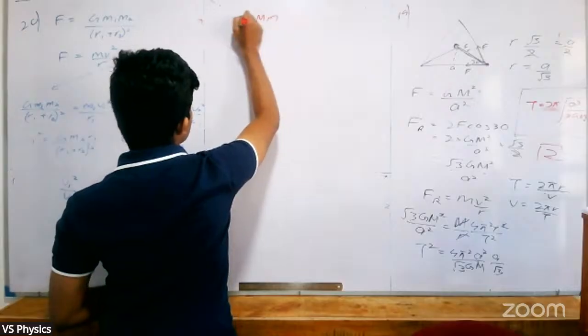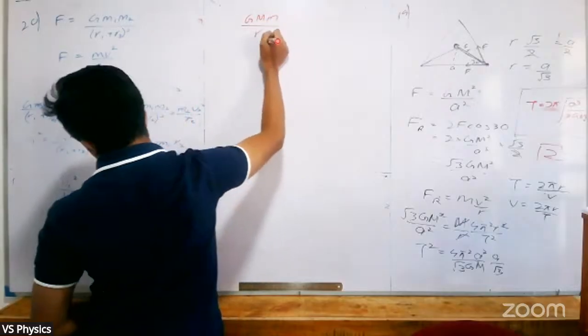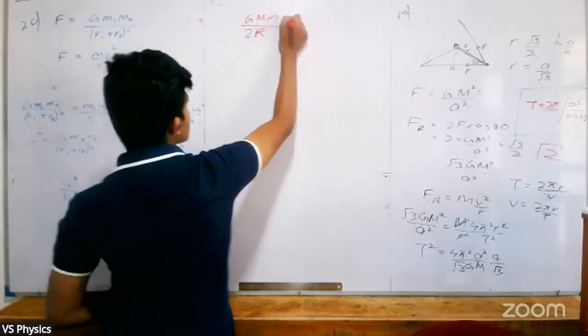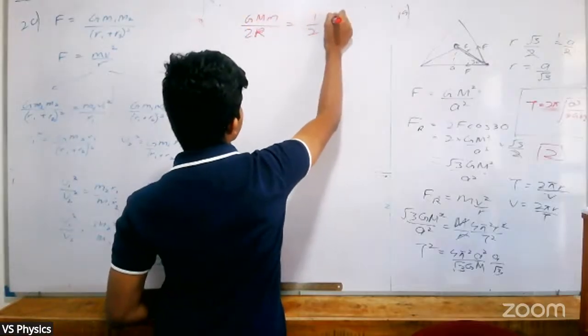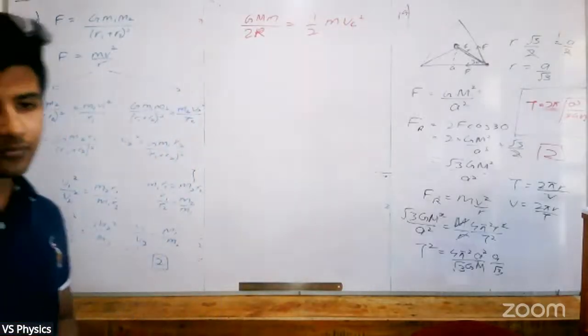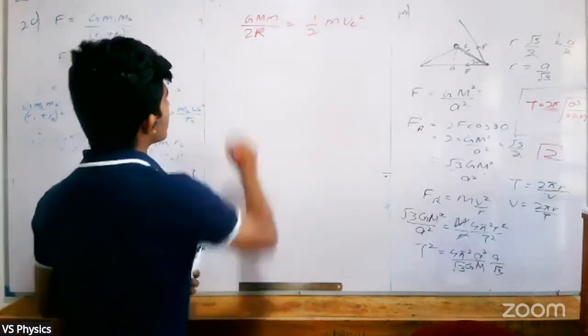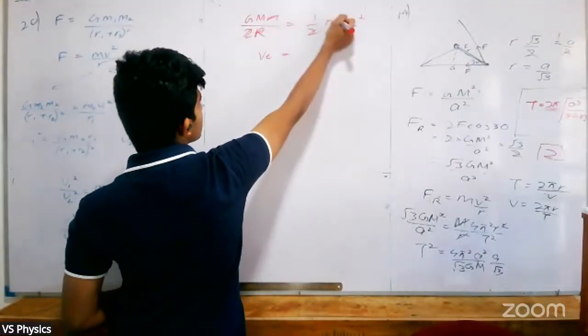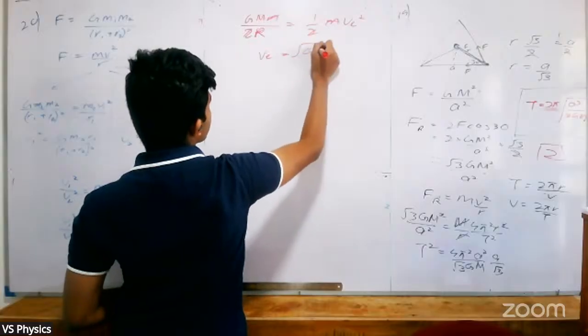Gravitational potential energy at that point, 2r, is equal to... VE equals root GM.